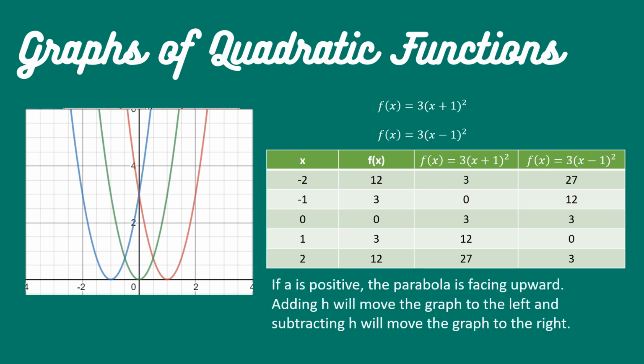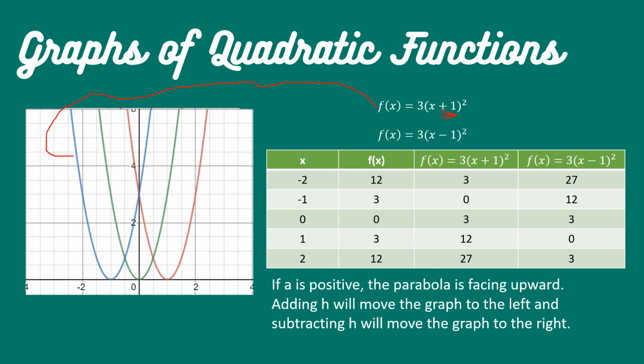So for the table of values, we have this. So if a is positive, paulit-ulit lang po tayo, parabola is facing up. Adding h will move the graph to the left and subtracting h will move the graph to the right. So kapag po nag-add ng h, pakaliwa tayo.